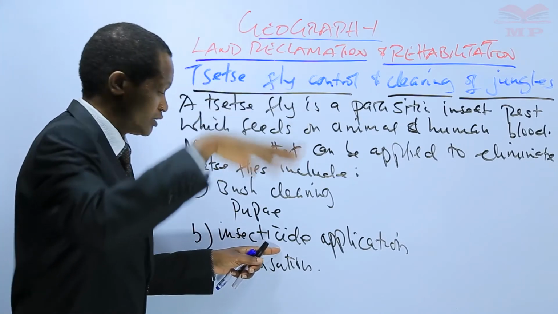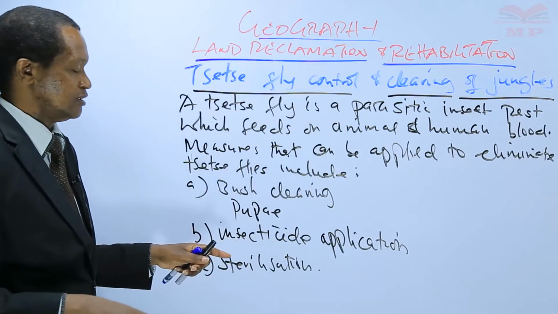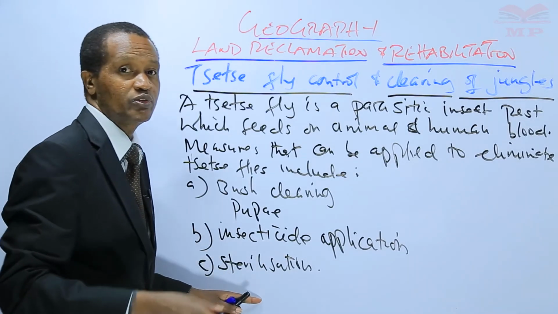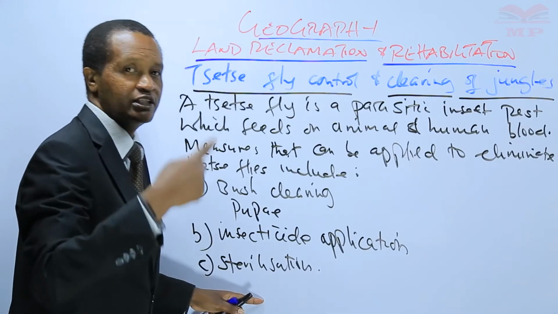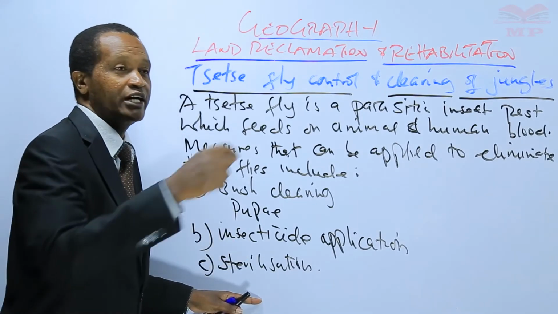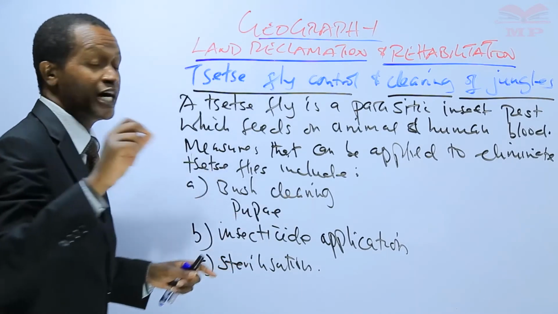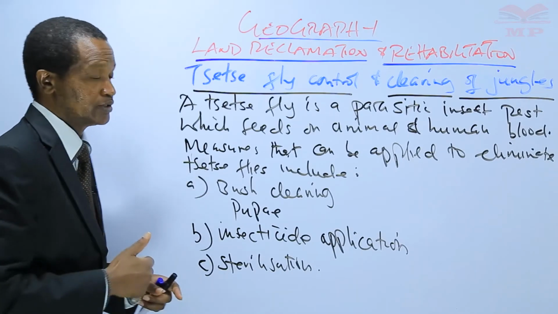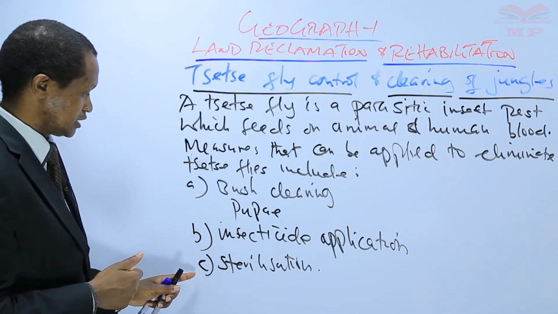Bees may be eliminated through application of blanket insecticides. So the sterilization method proves to be more effective and advantageous. Why? Because it only targets tsetse flies and not the other organisms like bees and the rest, which are not harmful to agricultural activities. So that is sterilization.